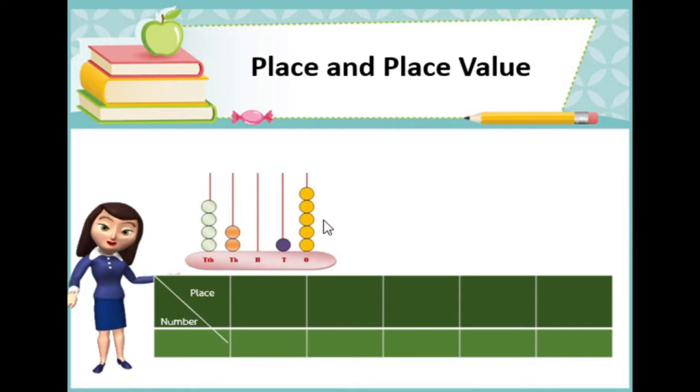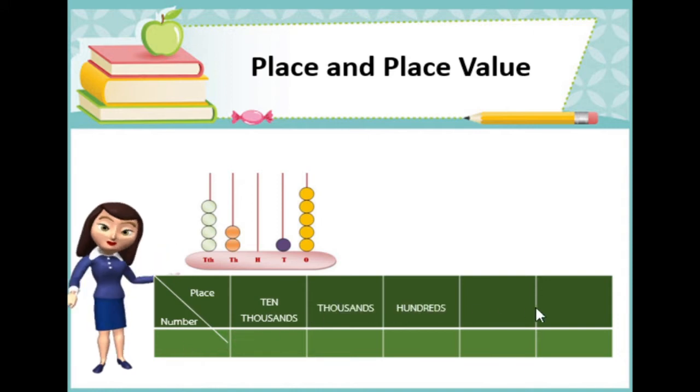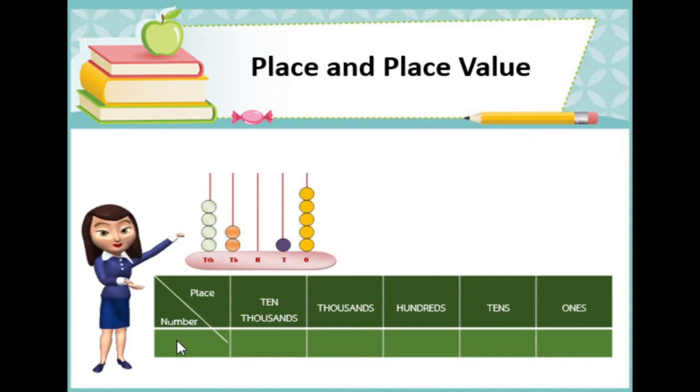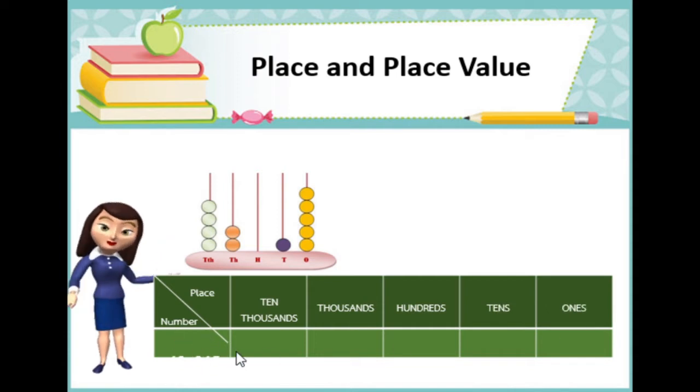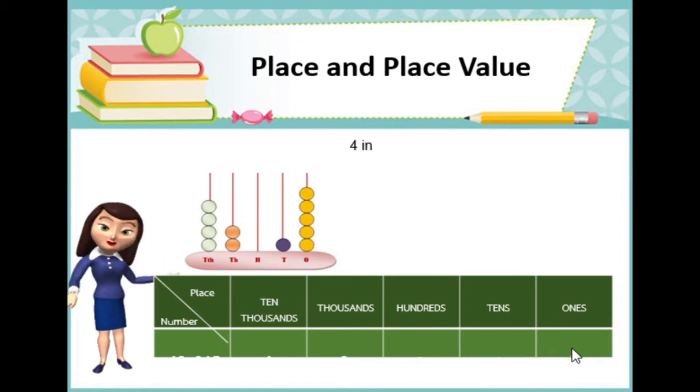And we have 5. So the number would be, what number would it be? 42,015. We write 4, 2, 0, 1, and 5.